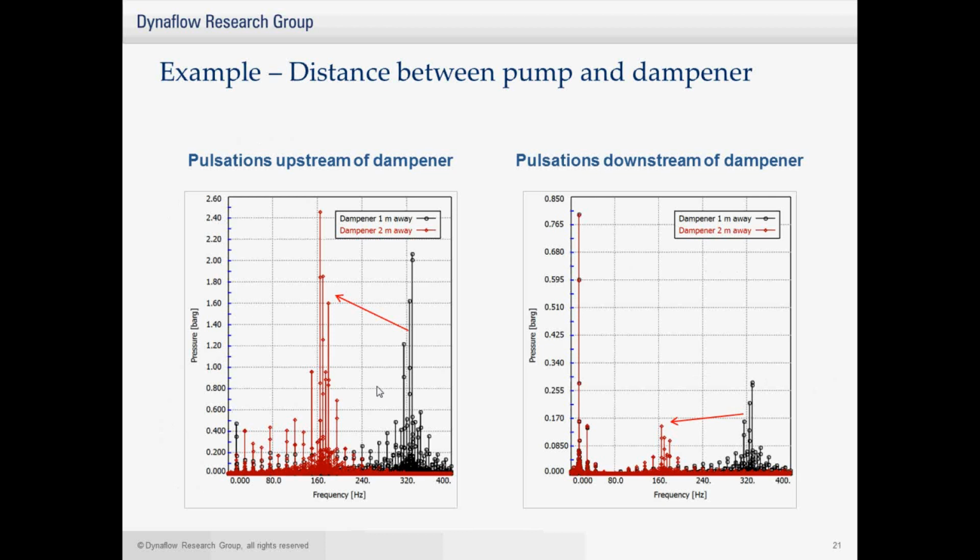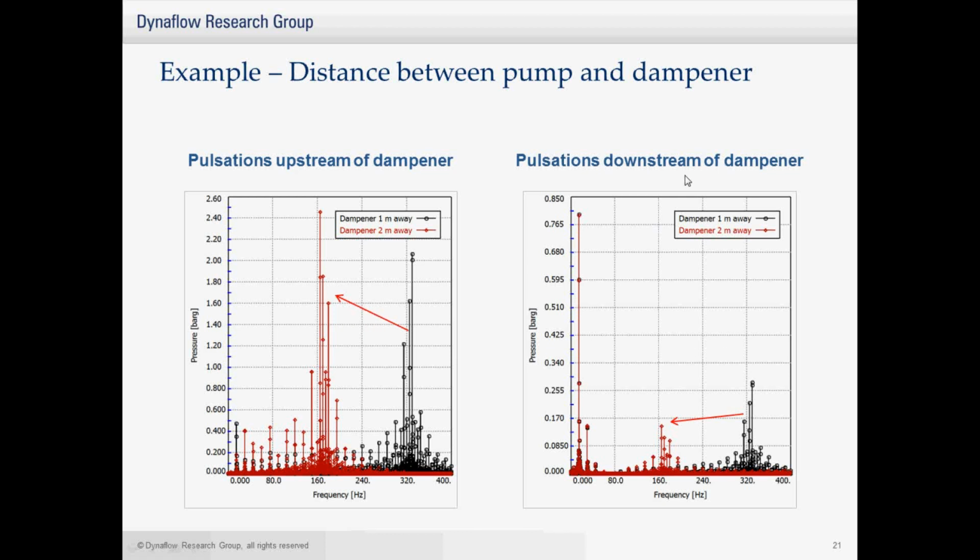And then you can go on and look at the pulsation profile at different frequencies. So you can see the red one is 1 meter away, that's close by. The red one is 2 meters away, that's farther away. And you can definitely see that the pressure pulsation upstream of the dampener shows a significant shift towards the lower frequencies.